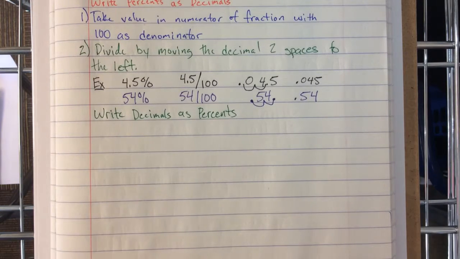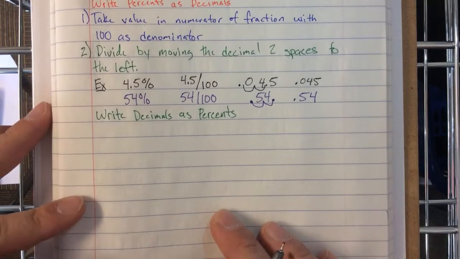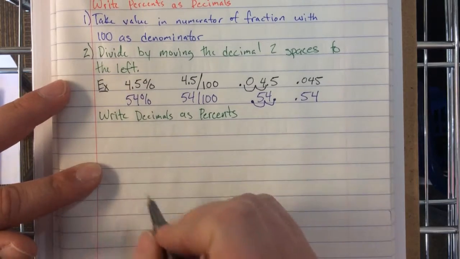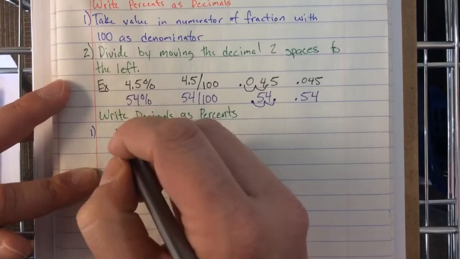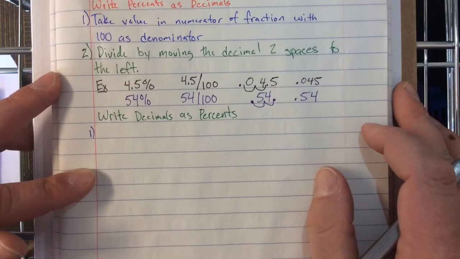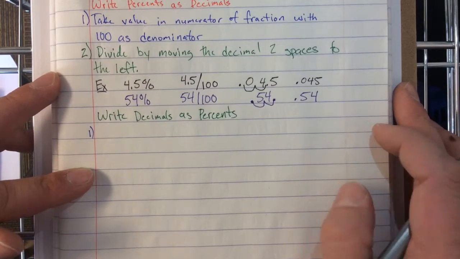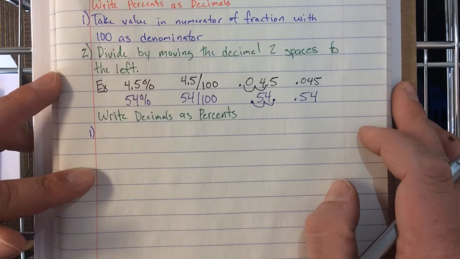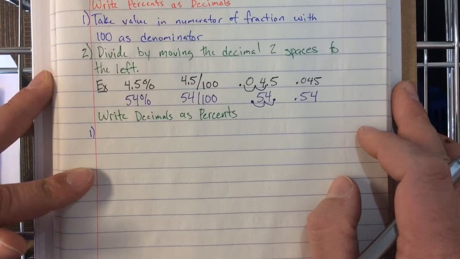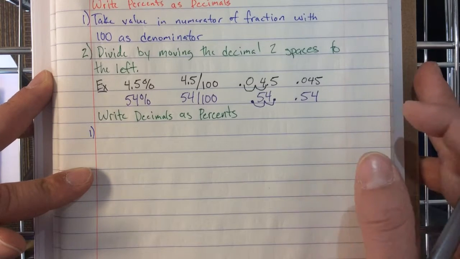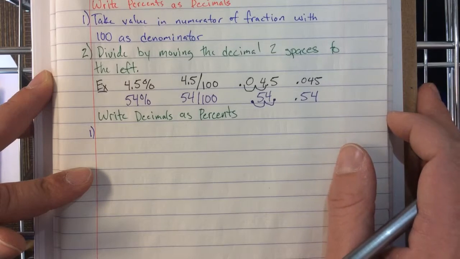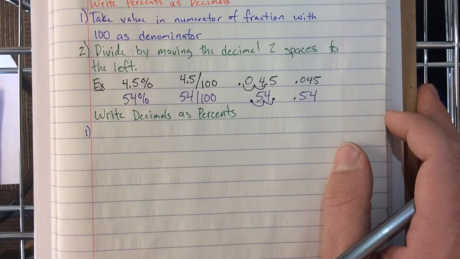So, once again, we're going to have 2 steps. So when we're writing decimals as percents, what do you think we're going to do? We're going to identify the decimal, and then what we're going to do with it.